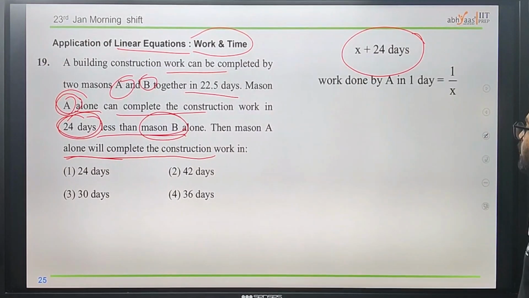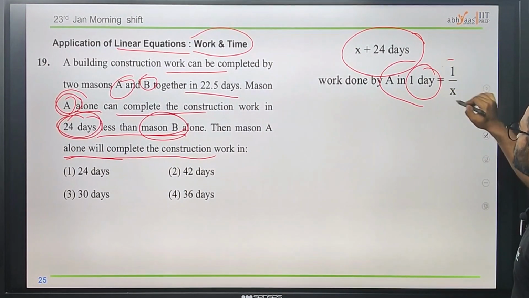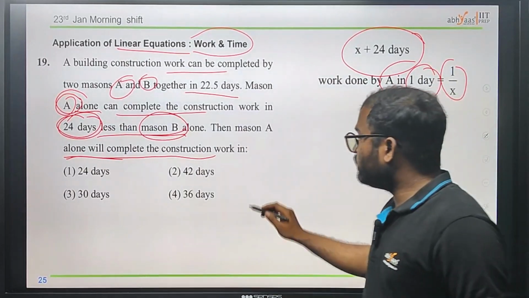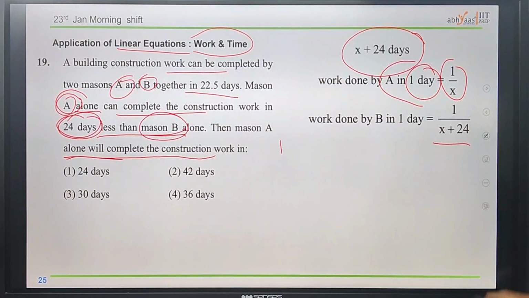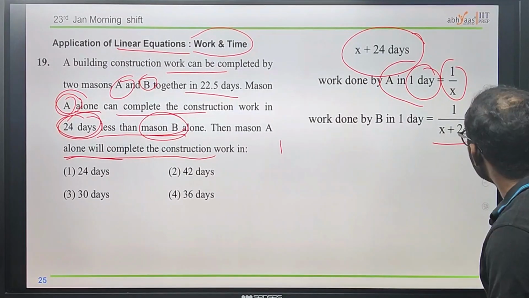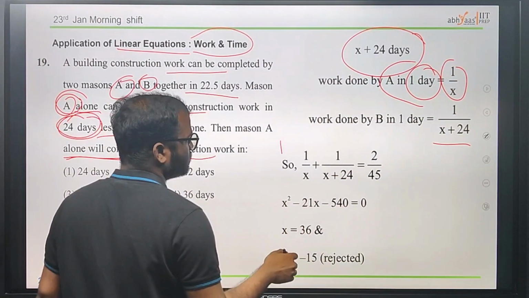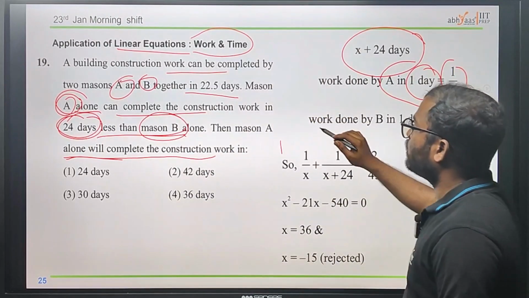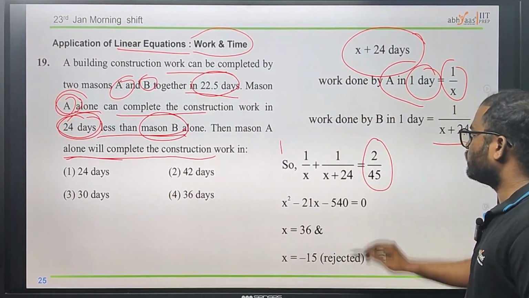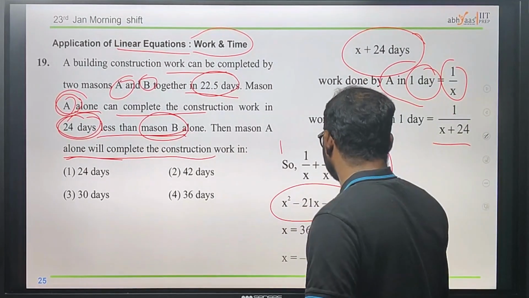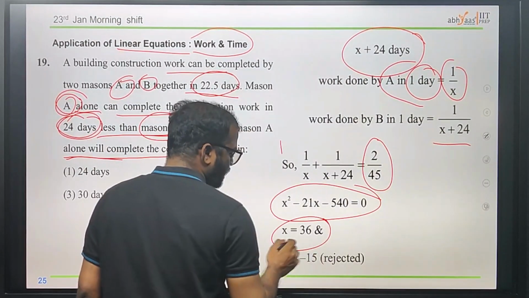Next, the work done by A in 1 day will be 1 by x, and for B it will be 1 by x plus 24. Therefore, adding 1 by x plus 1 by x plus 24, they have already given that both together work 22.5 days, so that will be 2 by 45. We will have a quadratic equation here. After that we will have 36 and minus 15.